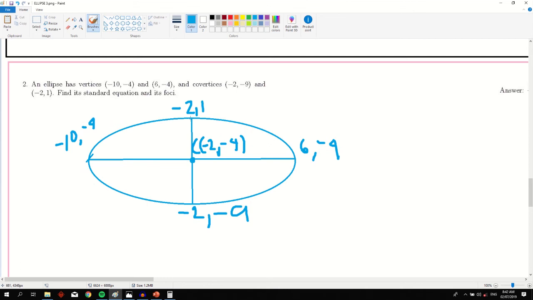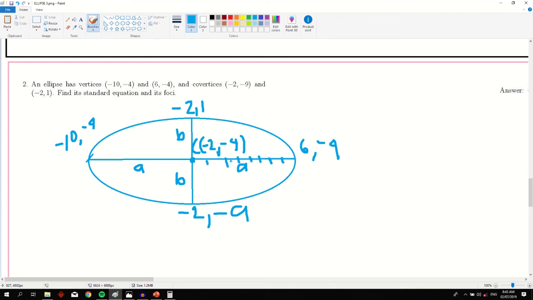Now we need to get the distance b and the distance a. So here is a and this is also b. From here to here, this is negative 2, negative 1, 0, 1, 2, 3, 4, 5, and 6.